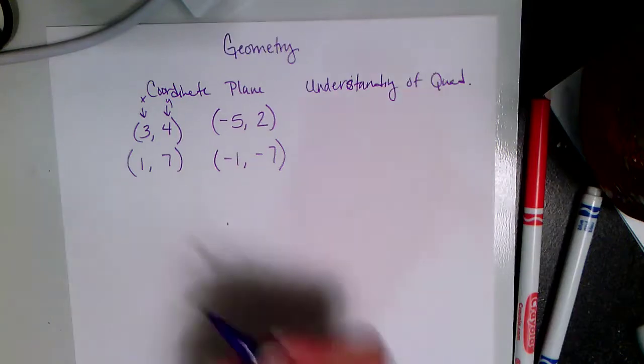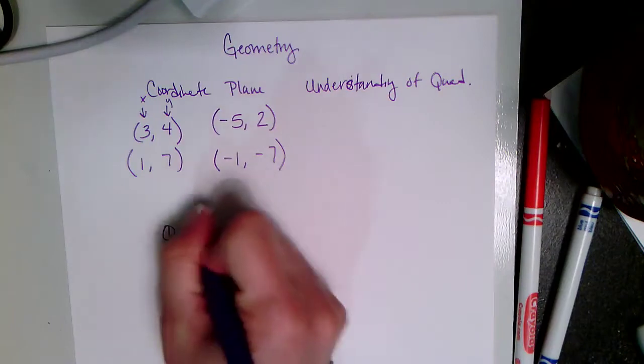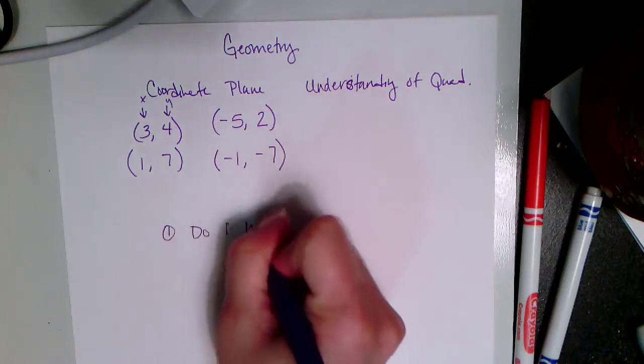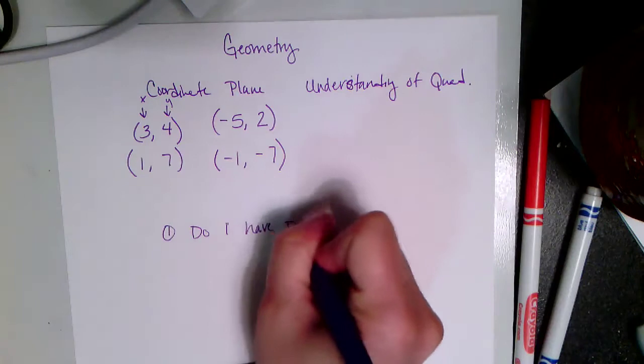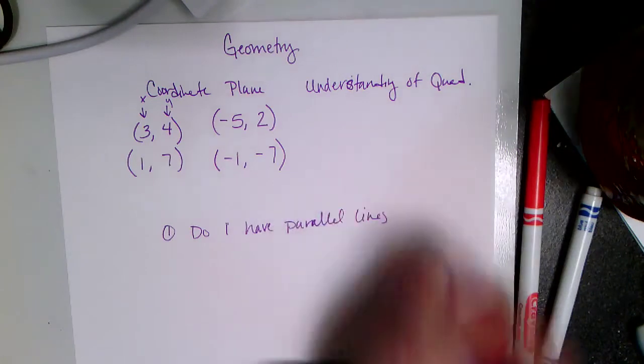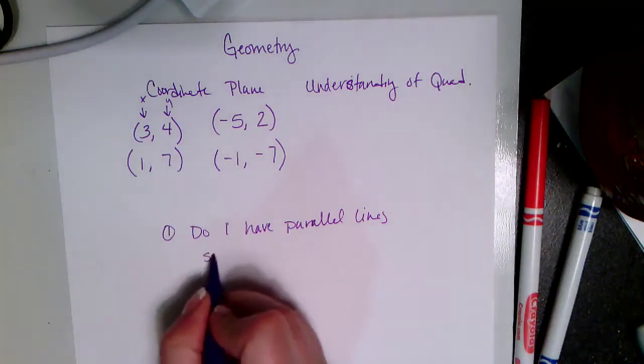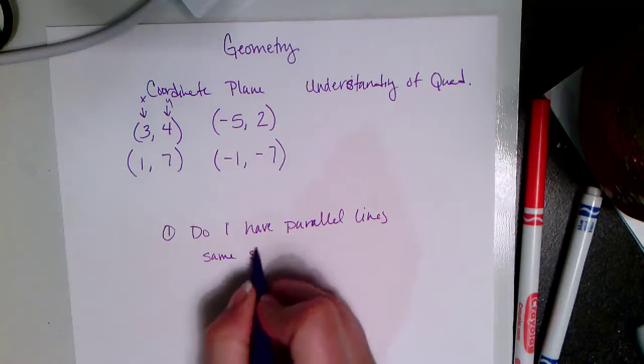The one thing I'm going to need to do is figure out, do I have parallel lines? And you'll remember that parallel lines have the same slope, and they never cross.